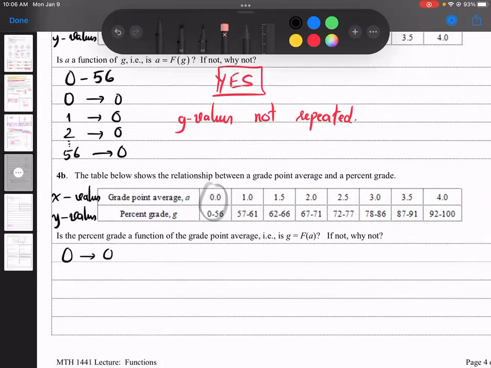I'm talking about counting numbers, not 0.5 or 0.7. I'm not going to care about that, okay? 0 maps to 1%, 0 maps to 2%, all the way to 0 maps to 56. And same thing for the second, third, fourth, etc. So as you can see, x repeated, or rather A repeated.